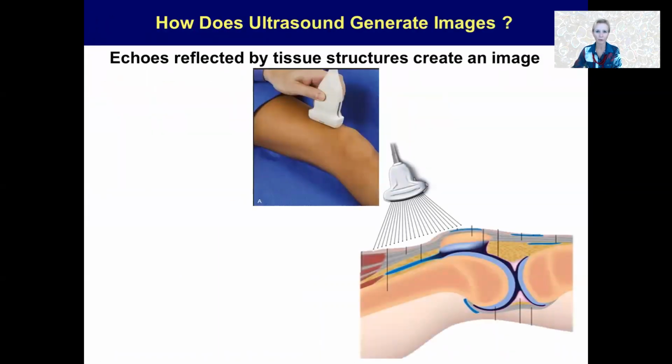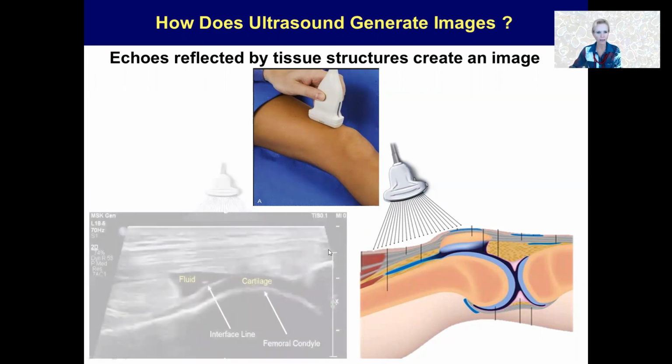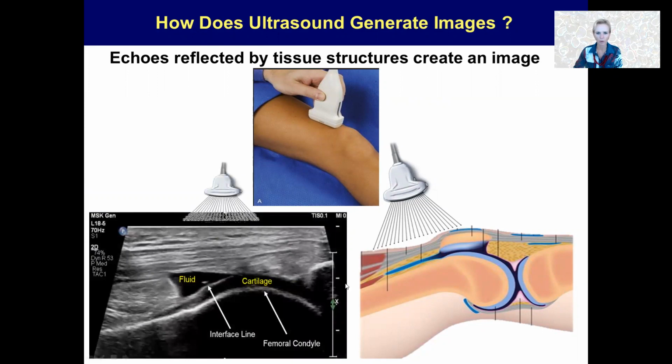How does ultrasound generate images? Well, by now I think you all are pros in that many lectures have led up to this lecture, but just to repeat in a very simple fashion, echoes reflected by tissue structures create an image, and that image is quite anatomical compared to this cartoon here. As you can see, this is the quadriceps tendon going into the patella.